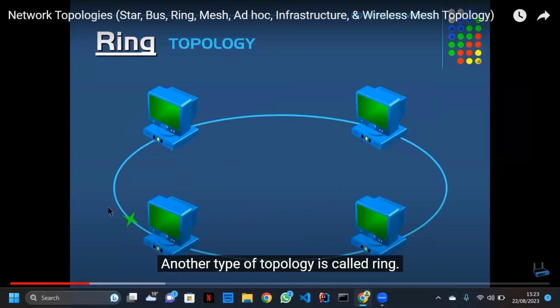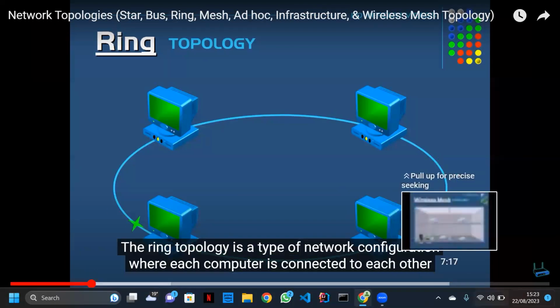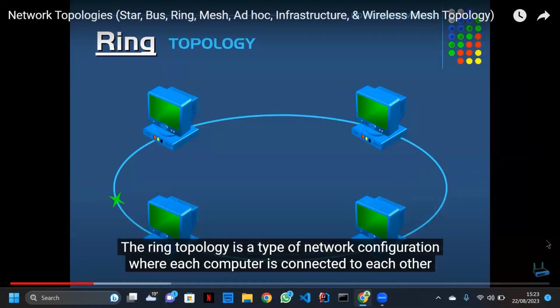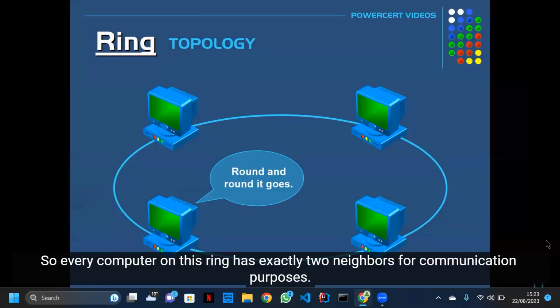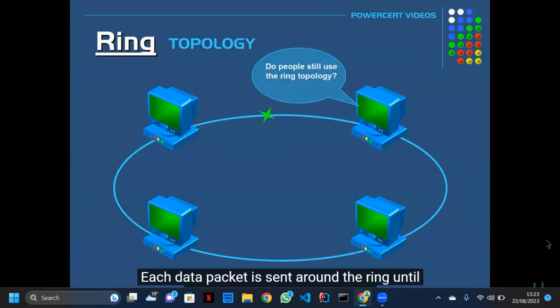Another type of topology is called ring. The ring topology is a type of network configuration where each computer is connected to each other in the shape of a closed loop or ring. Every computer on this ring has exactly two neighbors for communication purposes. Each data packet is sent around the ring until it reaches its final destination.